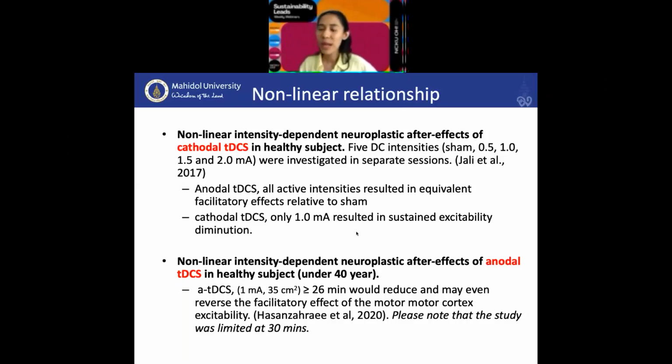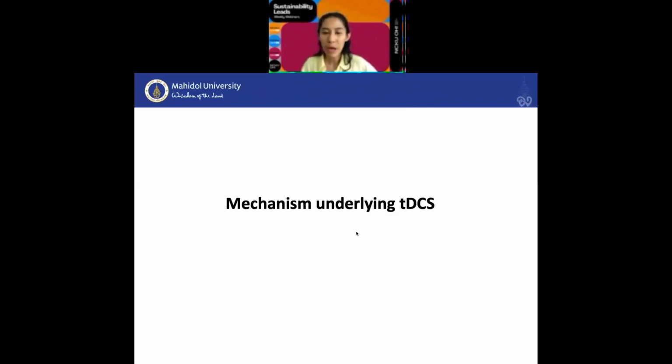So this needs to be highlighted. But again, these studies were done in healthy subjects only, and they are all young, under 40 years. So you need to keep in mind that in these populations, there is probably a non-linear intensity-dependent effect, right?